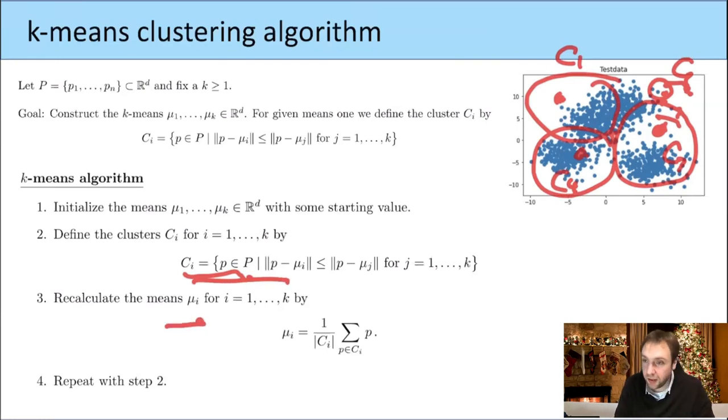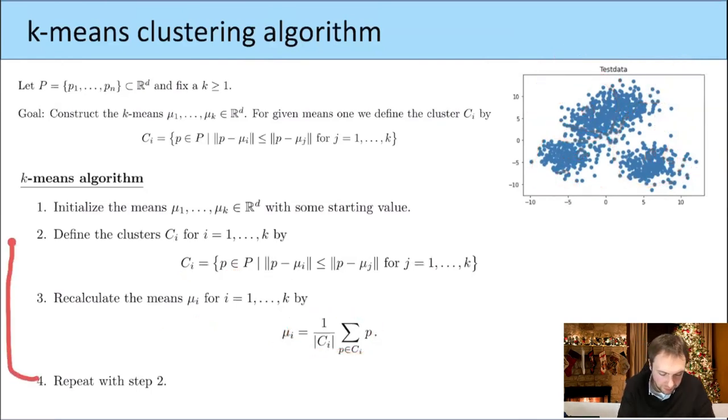And then we can recalculate the mean. So for example, here in this C1, if we have this cluster, we can recalculate the mean by just taking the average overall and get maybe a new mean. And here we can calculate a new mean, and here a new mean, and here a new mean. And this will give new mu's. And then we start again at step number 2.